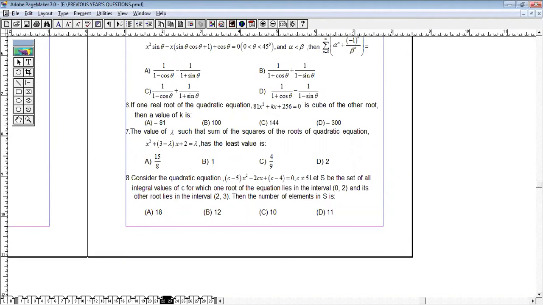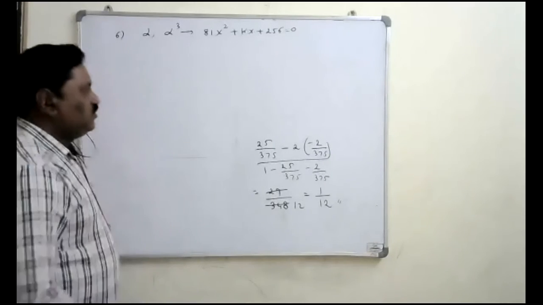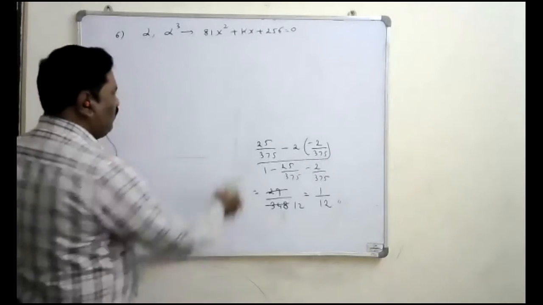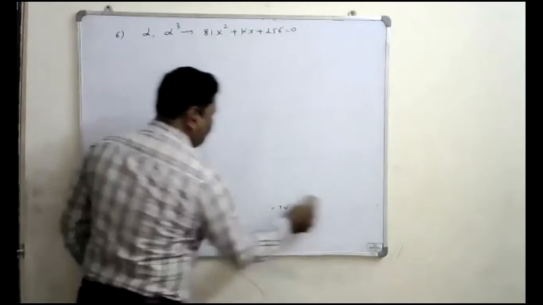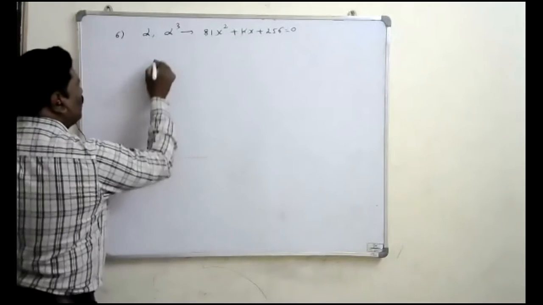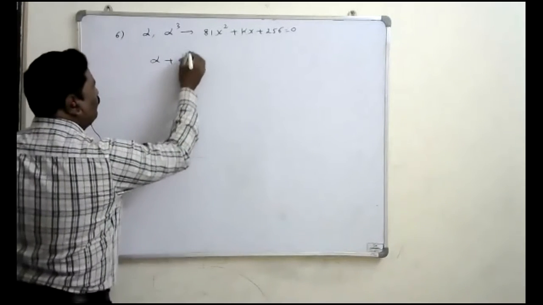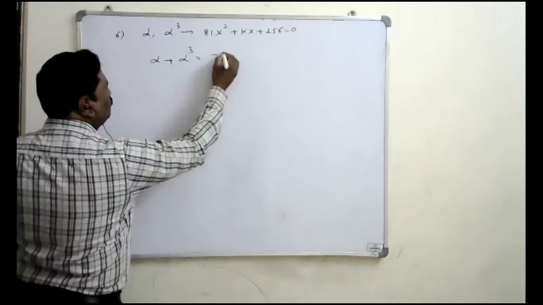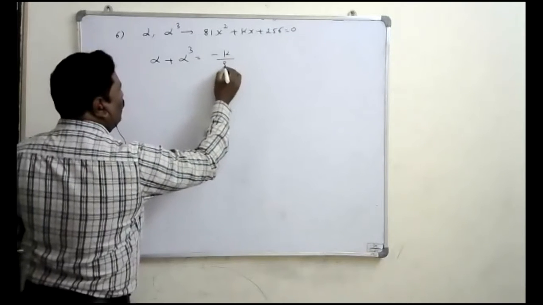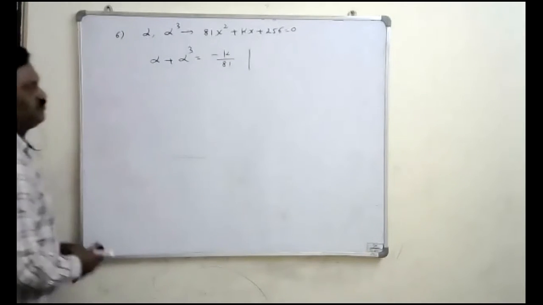Then we have to find the value of k. First we find the sum of the roots, alpha plus alpha cube, which is minus k by 81.